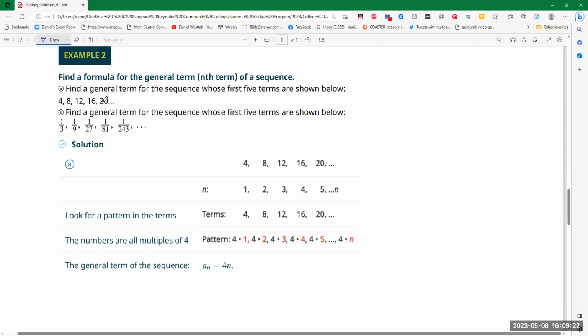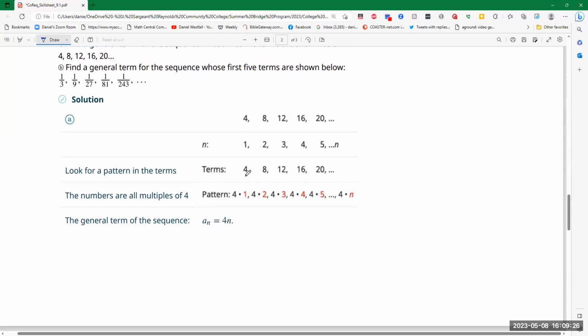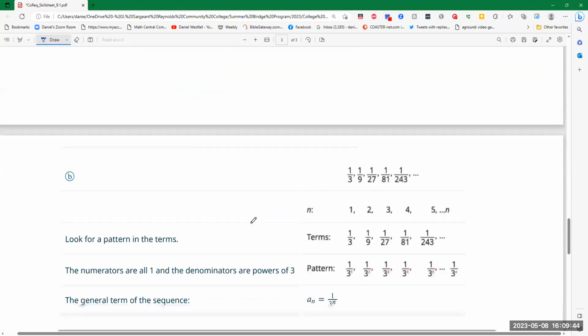We just talked about this exact one where it looks like we're adding 4 each time. So we're going to take 4 times 1 was 4, 4 times 2 was 8, 4 times 3 was 12, 4 times 4 was 16, 4 times 5 was 20. So we think the nth term is going to be 4 times n, and we're going to write that pattern a sub n equals 4n.